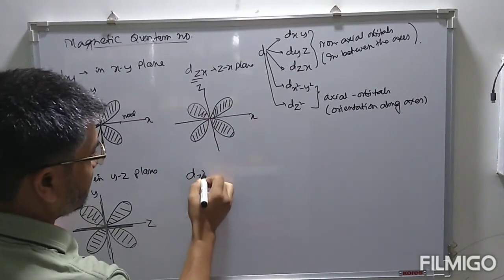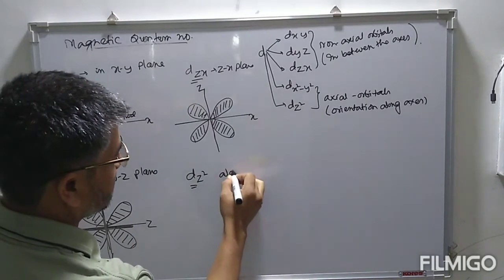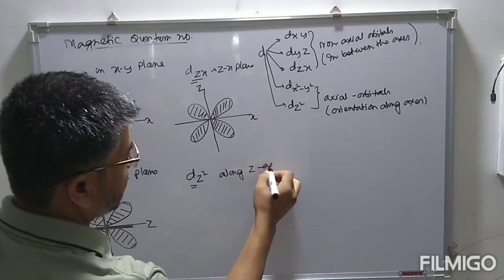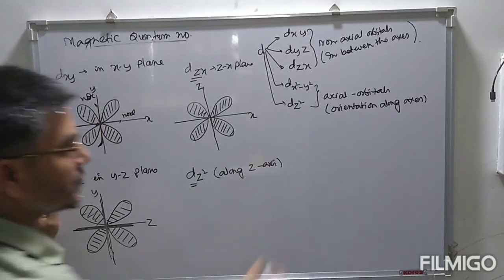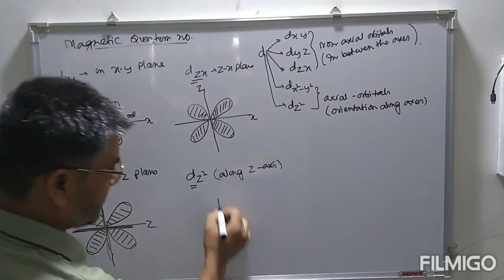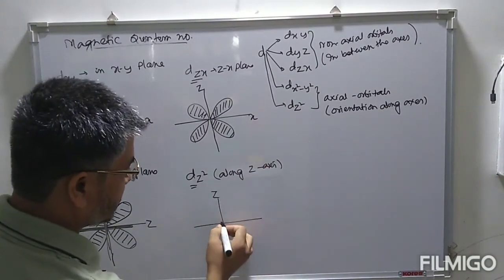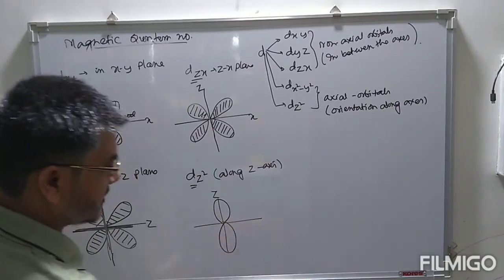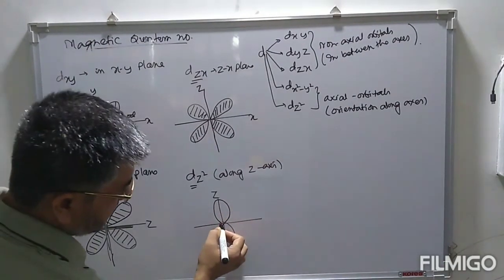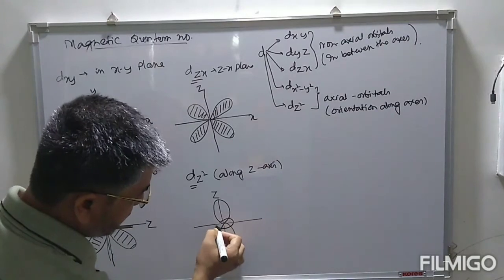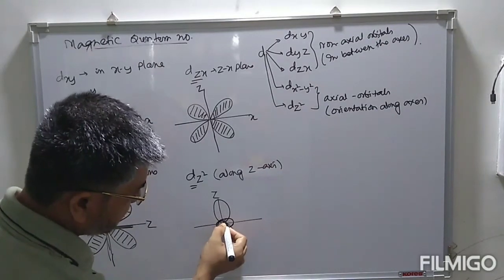Then we have dz square along z-axis. Its orientation is purely along z-axis. So we have this z-axis, and there are also some chances here.